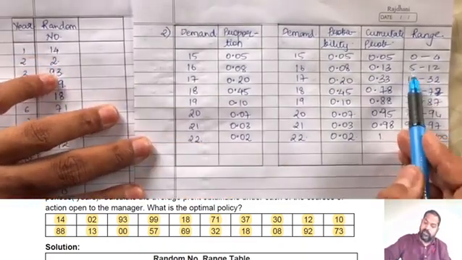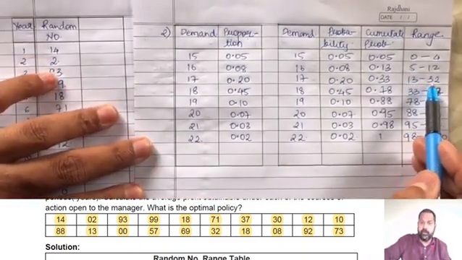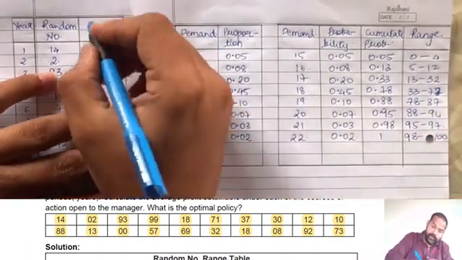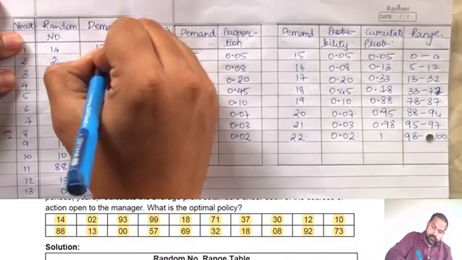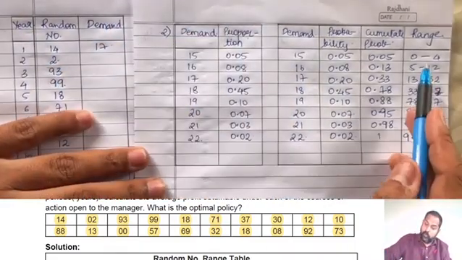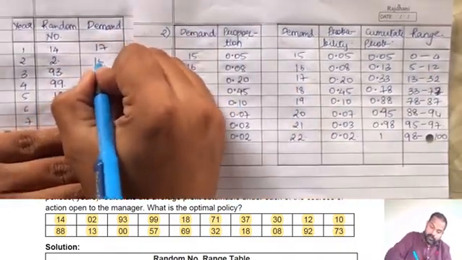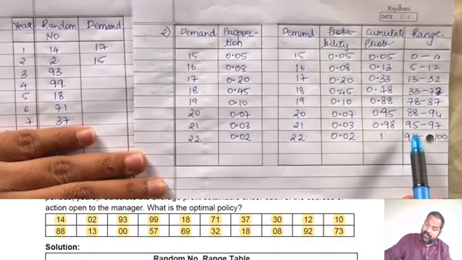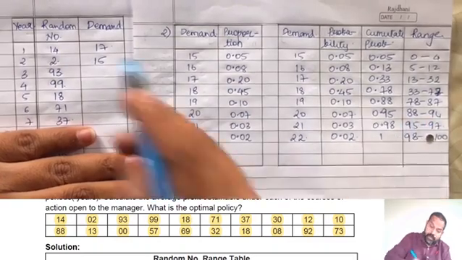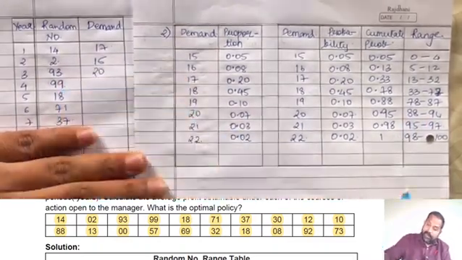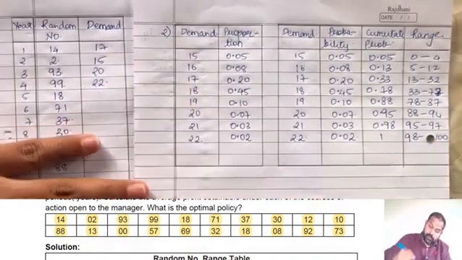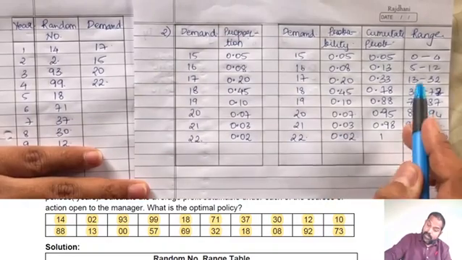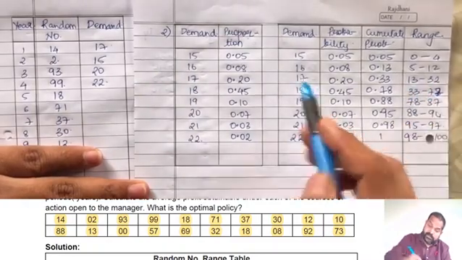Well, 14 falls here in 13 to 32, the demand is 17. 2 will be here, 15. 93 will be here, 20. 99 here, 22. 18 will fall here, which is 17.